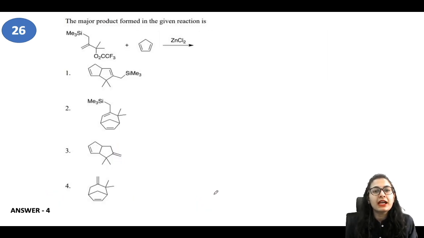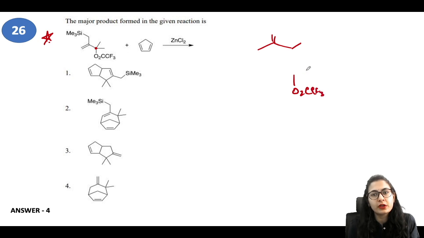Okay. Now, a very important question and directly asked from Caruthers. So I have emphasized enough about this question in the classes. Okay. So what do we see over here? We see something like this. Let's draw the molecule in this particular way or in this way such that this is the triflate group, good leaving group.